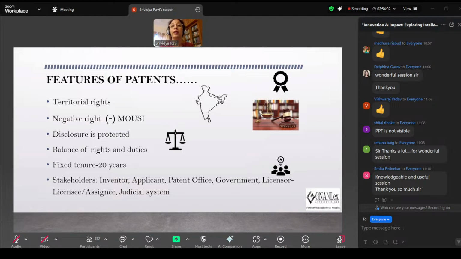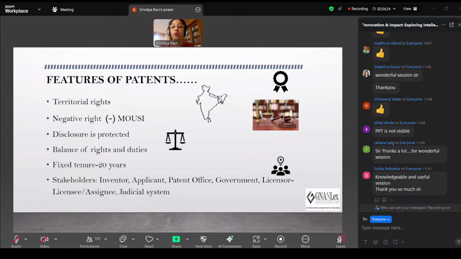Or if you're working somewhere, then your organization will be the applicant. Suppose I am working in company X, and I do some innovations there, and company X decides to file for a patent. Then I will be the inventor, but company X will be the applicant.